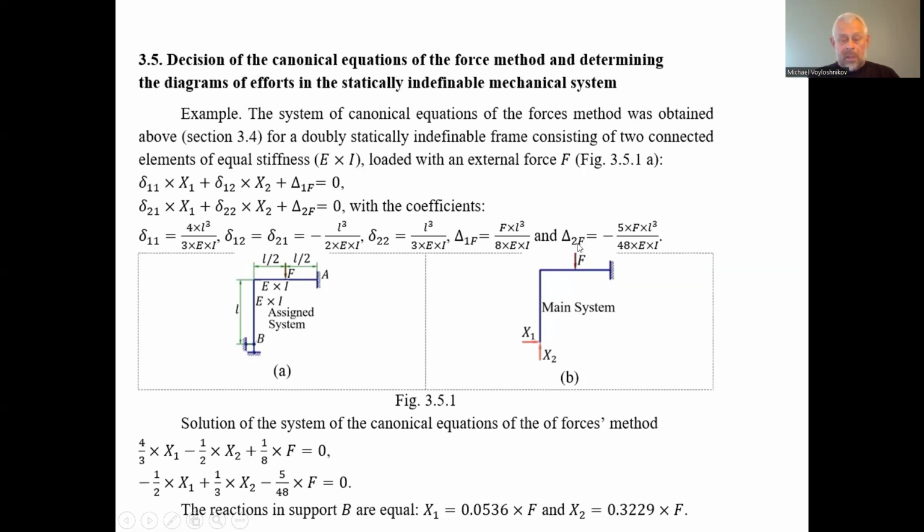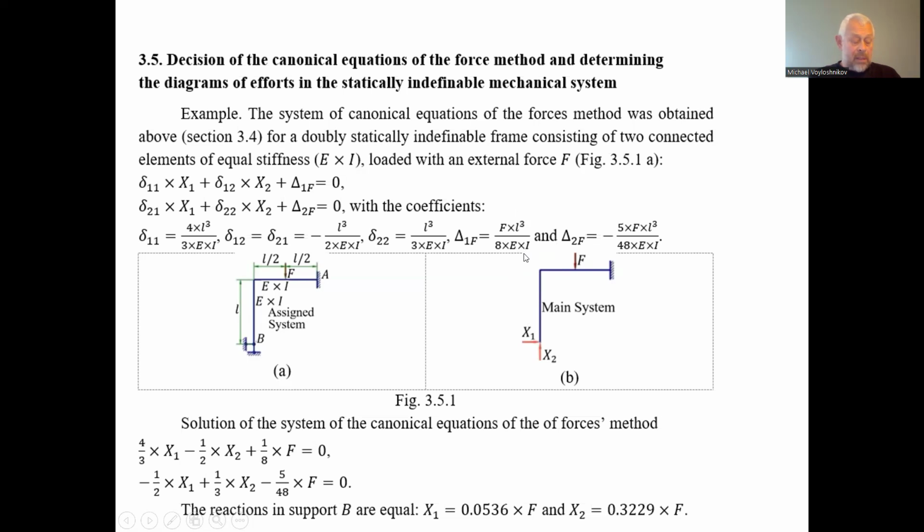So when we substitute all these summands and factors in the canonical equation of the force method, and when we cancel the common factors in these canonical equations, which are common to each of the summands, these common factors are the fraction with L cubed in the numerator and, in the denominator, E, the elasticity modulus, and I, the moment of inertia of the cross section of the frame.